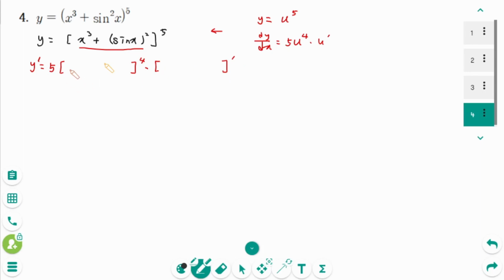The inner function is x cubed plus sine squared x.